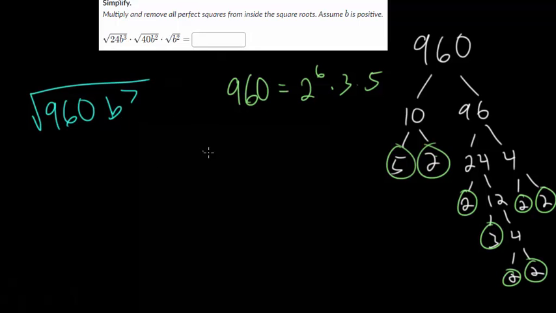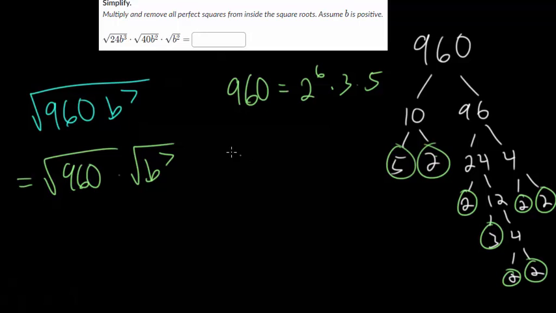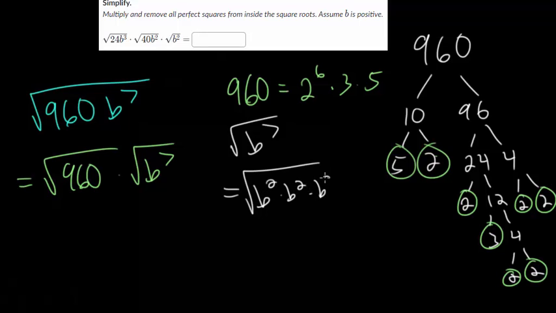And for our variable expression, since we can break this up into root 960 times root b to the 7th, this root b to the 7th we can look at separately. And essentially just split it into a bunch of b squareds multiplied together, and then we'll have that lone b at the end. So this is root b squared times b squared times b squared times b, since in total you still have 7 b's, it's just broken up.